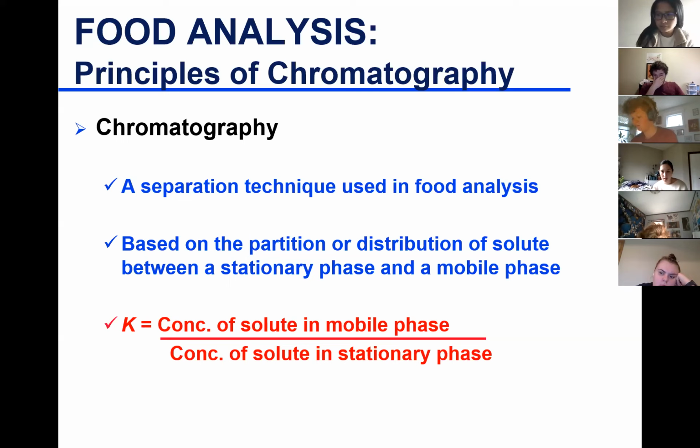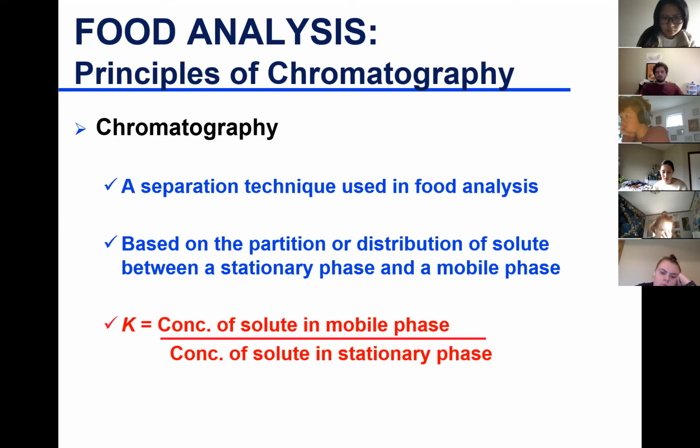Or if you have a solid in liquid chromatography as your stationary phase and liquid as your mobile phase, then you also have distribution between adsorption on your stationary phase and moving into the mobile phase. That we call distribution. So, partitioning and distribution between stationary phase and mobile phase.